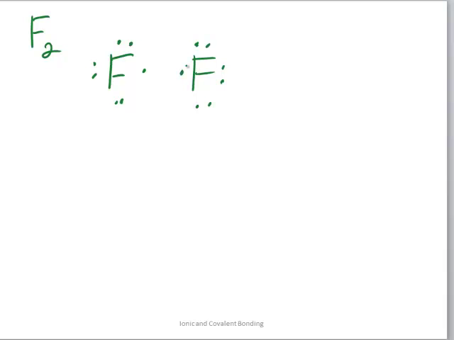Let's think about forming an ionic bond. We can transfer this electron to the other fluorine atom, and that will produce a fluorine cation with 6 valence electrons and a +1 charge, and a fluoride ion with 8 valence electrons and a -1 charge.